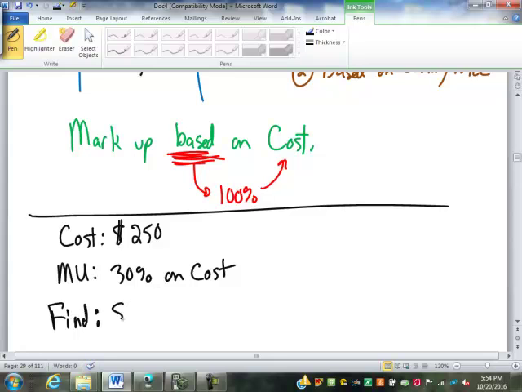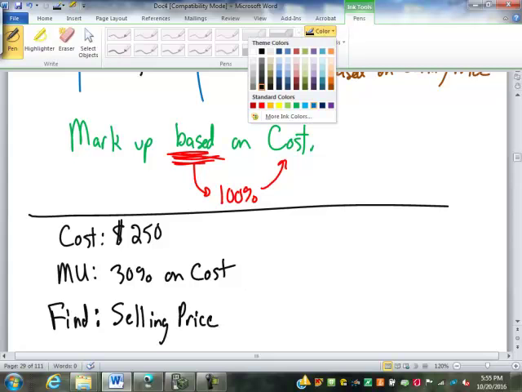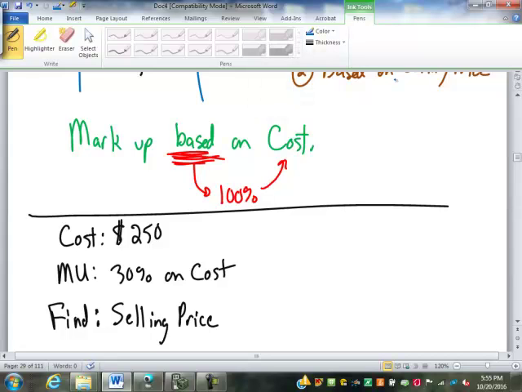Find the selling price. This one is pretty straightforward. If you wanted to, you could find 30% of 250, add it on, get your selling price.